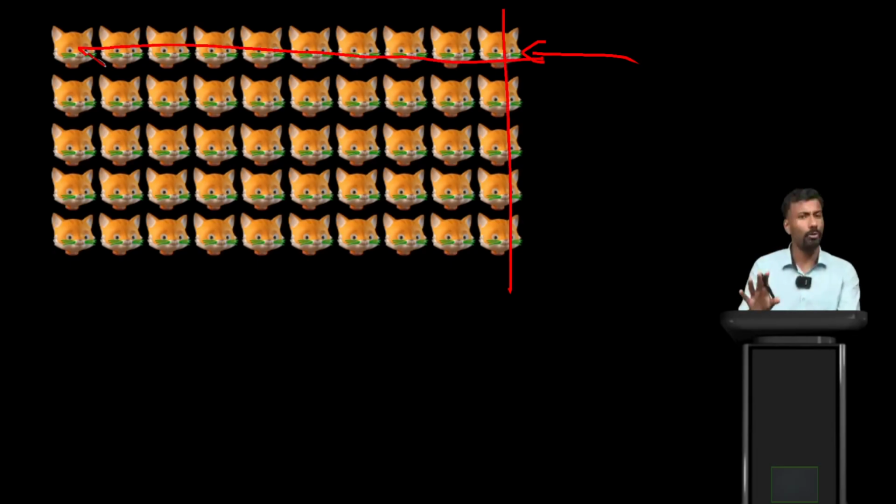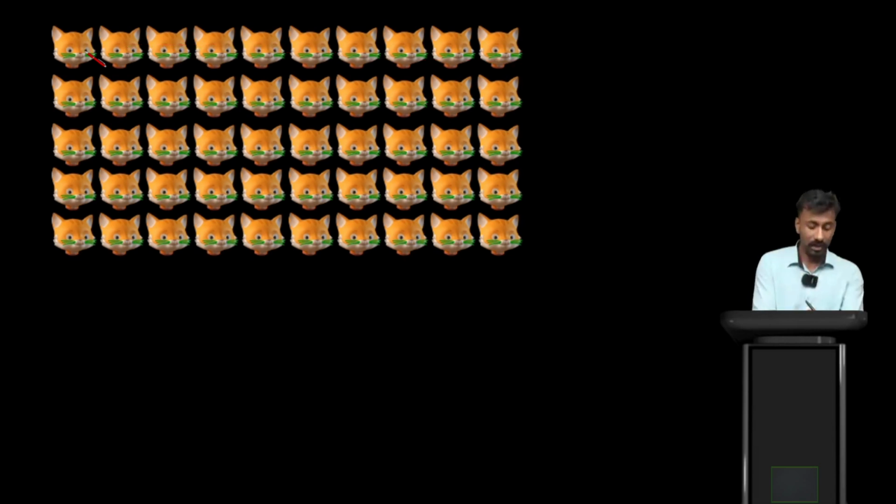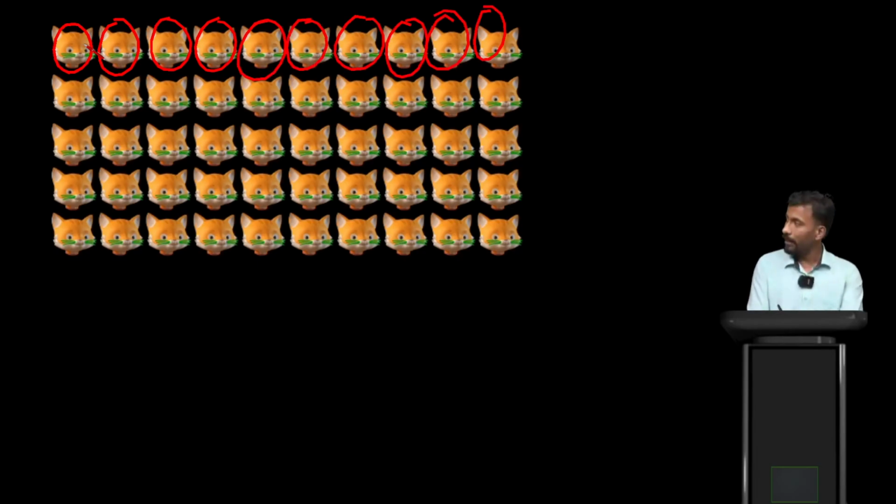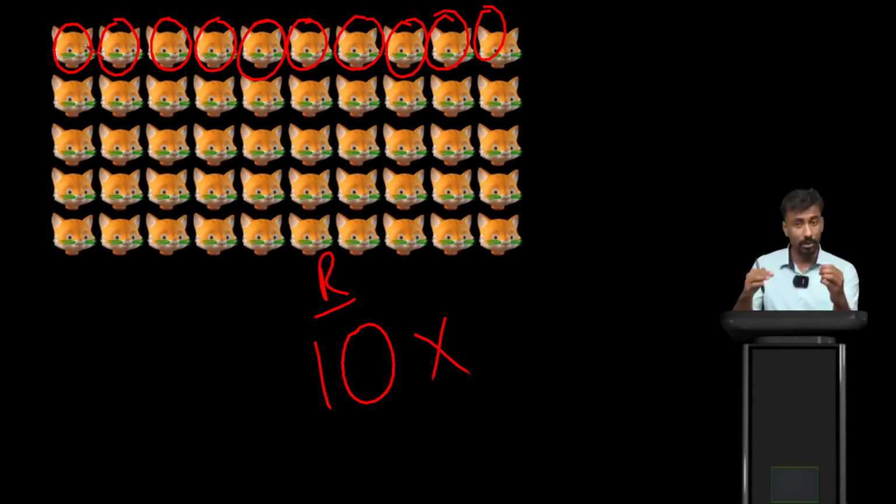We can take any row or any column. Along the row, we see 1, 2, 3, 4, 5, 6, 7, 8, 9 and 10. So, there are 10 cats along the row. I am denoting it by R.